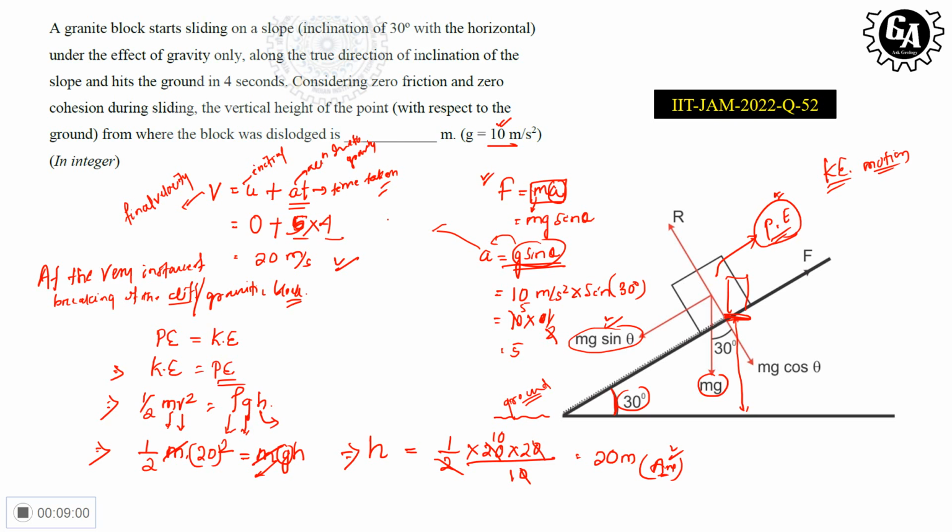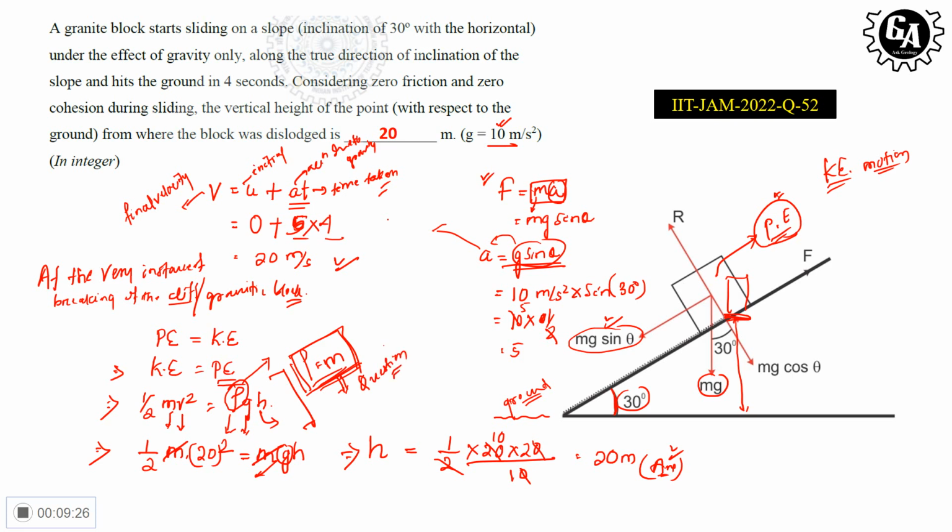Let us see what is the answer. Yes, 20 meter is the answer. Okay, now you just tell me why I put in the place of a rho that m. Okay, I just assumed something that rho is equal to m, or the mass of the granitic body. So why? Okay, this is one question to all of you.